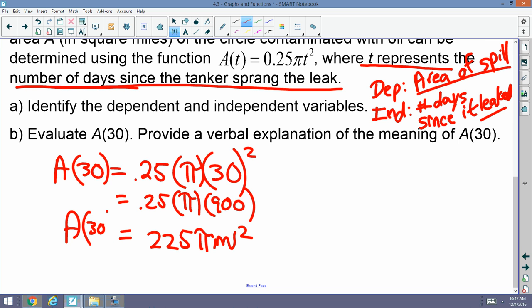So after 30 days of the leak, function A has an area of 225 pi square miles. 0.25 is 1/4. 1/4 times 900 is 225 because 900 divided by 4 is 225.